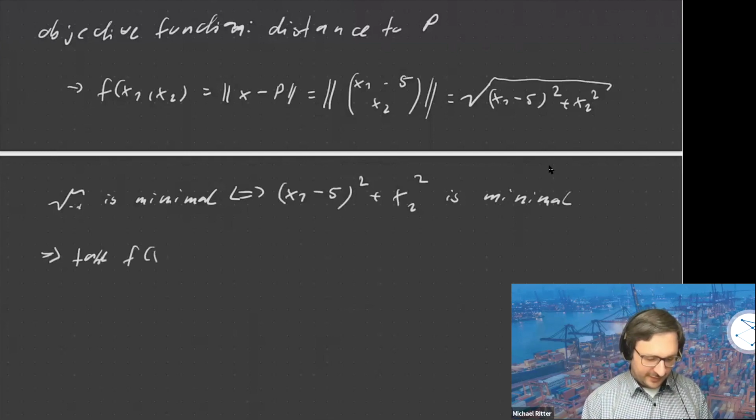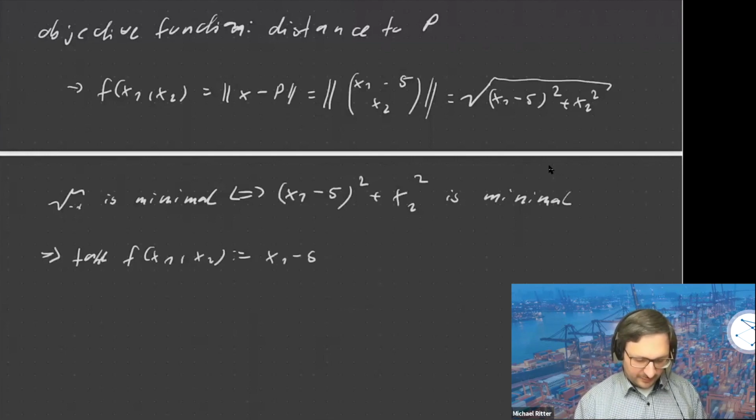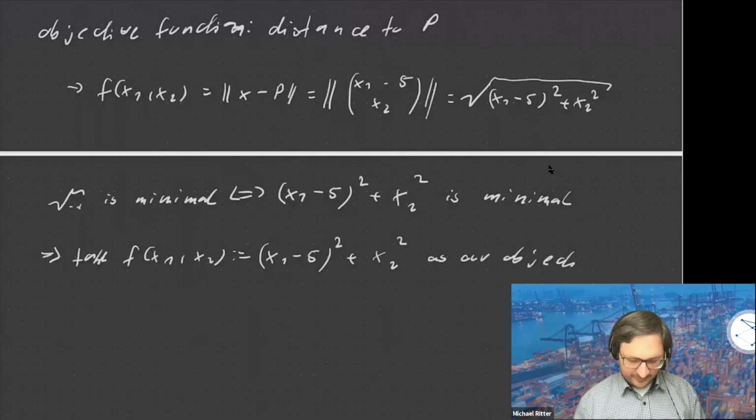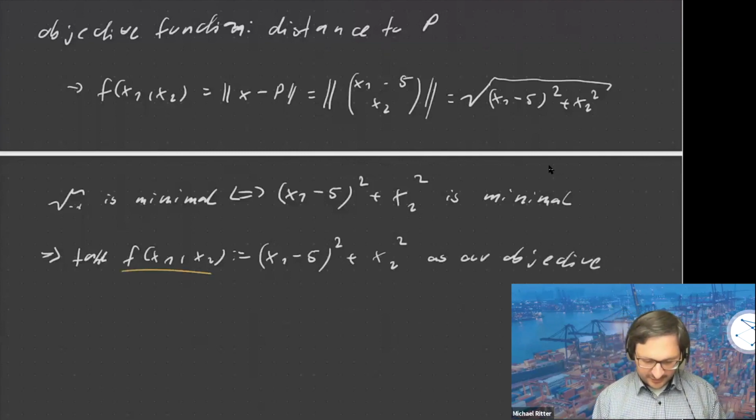So let's take f of (x1, x2), defined as (x1 minus 5) squared plus x2 squared, as our objective. Okay, so that's the objective.